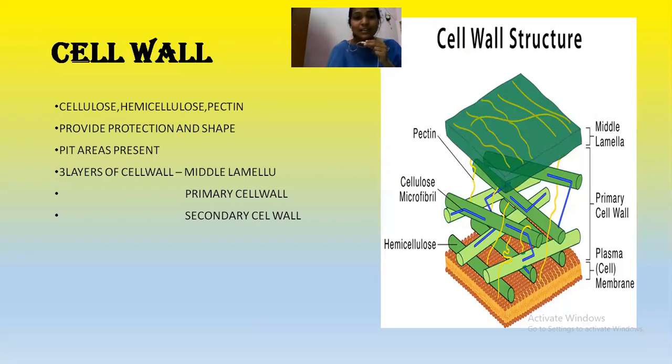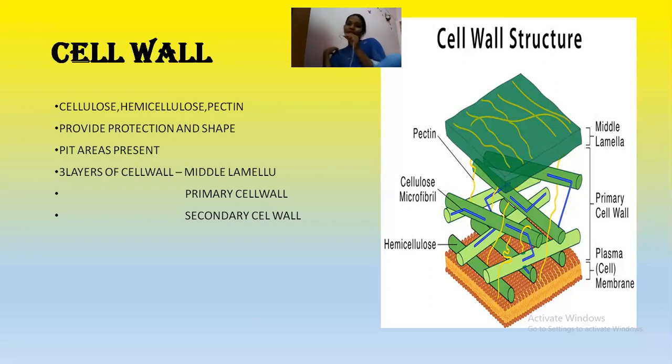That's why the secondary cell walls are made up of lignin, suberin, and similar hard materials. As the secondary cell walls are made up of hard materials, the secondary cell wall is not at all elastic, but the primary cell wall is elastic, and this primary cellulosic cell wall is permeable for all substances.